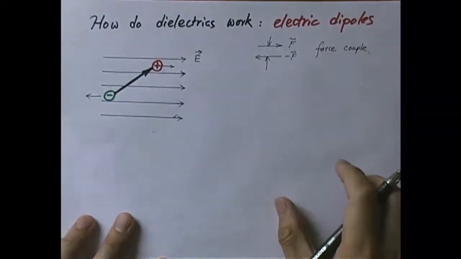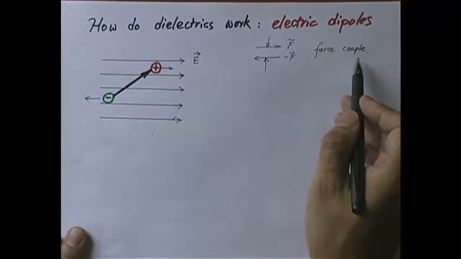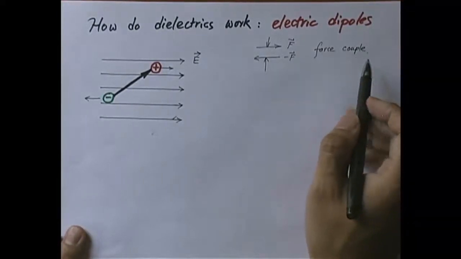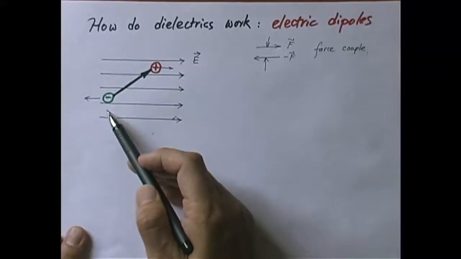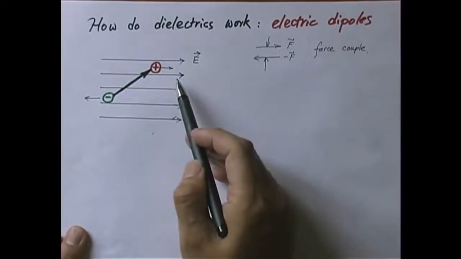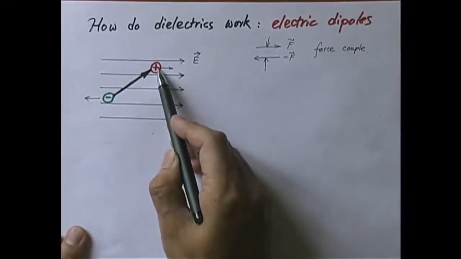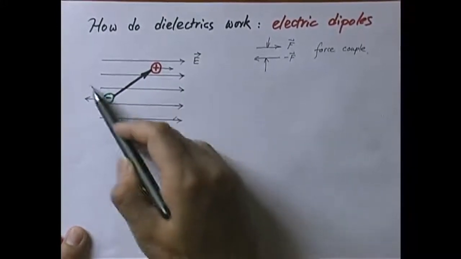You may recall that from physics 1A, or you may not, but here it is, force couple. A force couple cannot accelerate the center of mass of this whole piece because the net force is 0. And yet, what do you think it can do? Well, it can turn it around, right? It can exert a torque on this thing. So as a result, this charge will move this way, that charge will move that way, the whole thing is going to turn.